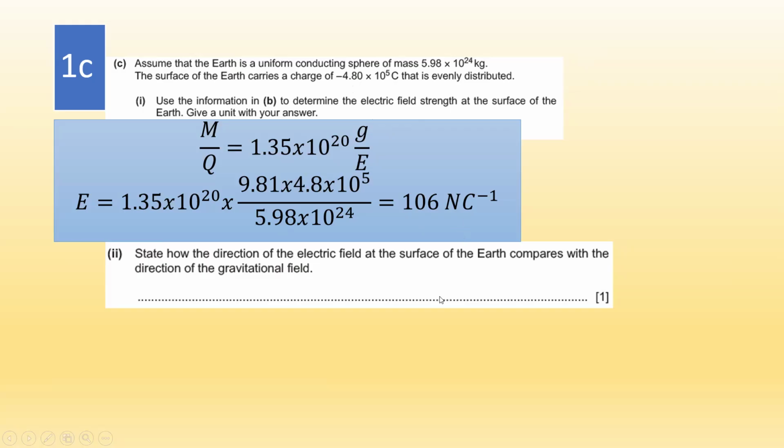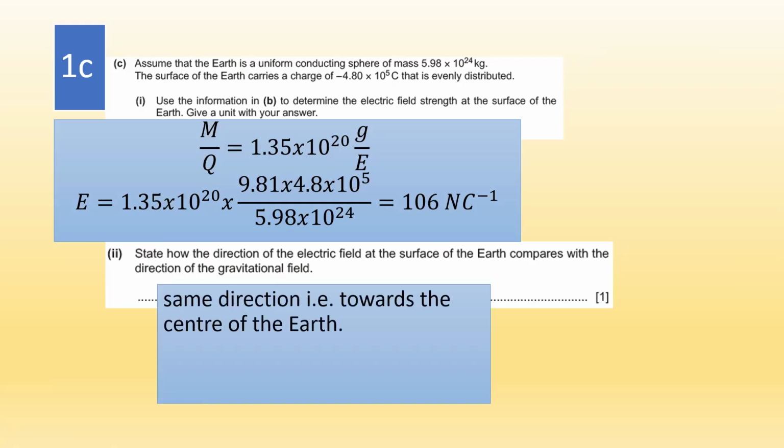State how the direction of the electric field at the surface of the Earth compares with the direction of the gravitational field. Both are directed in the same direction, towards the center of the Earth.